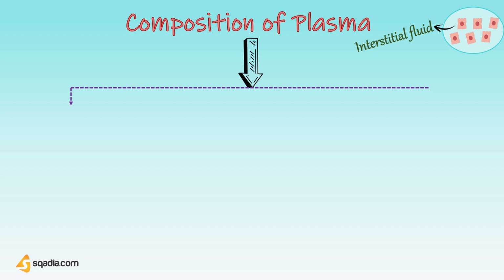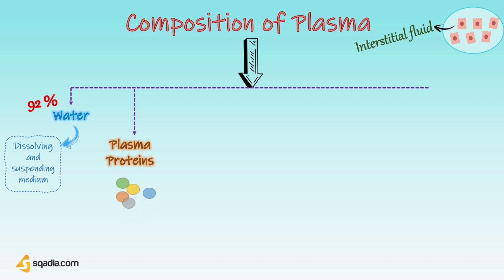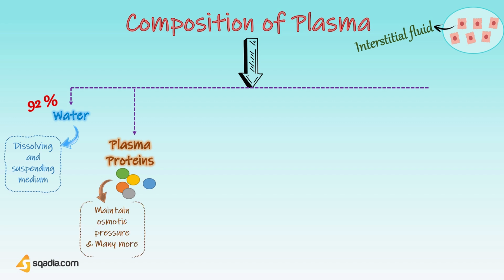Blood plasma is composed of water that provides plasma approximately 90% of its volume and acts as a dissolving and suspending medium for blood solutes. Then plasma proteins, the second main component, are mainly responsible for maintaining the osmotic pressure of blood and perform many other functions.